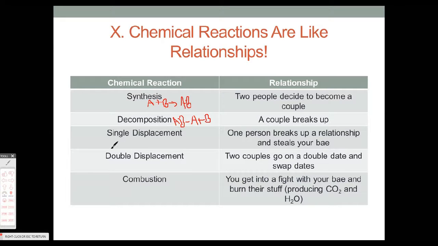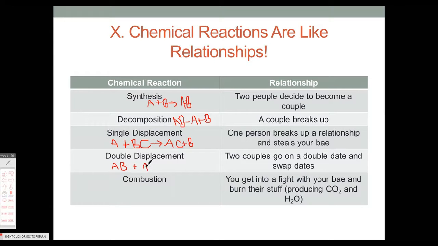Single displacement, one person breaks up your relationship and steals your boyfriend or girlfriend. So we have that A plus BC. All of a sudden A comes in and steals C from B. Now B is all sad and lonely. Double displacement would be if you had a boyfriend or girlfriend and you went on a double date with another couple.